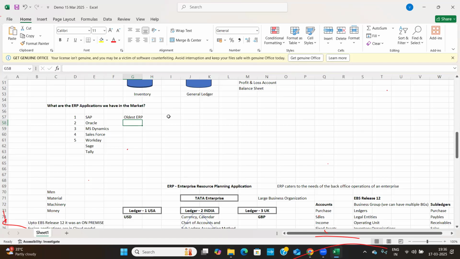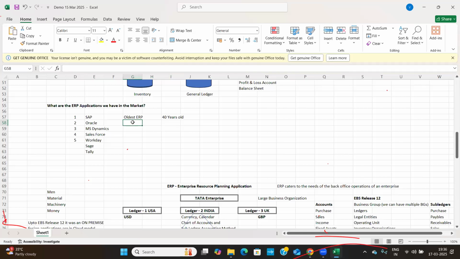So if it is the oldest ERP, maybe around 30 years old, we can say approximately 40 years old. I'm not giving the exact figure, approximately, I guess.